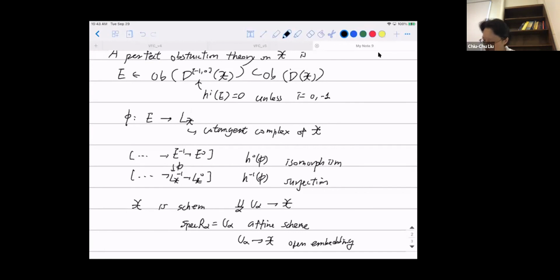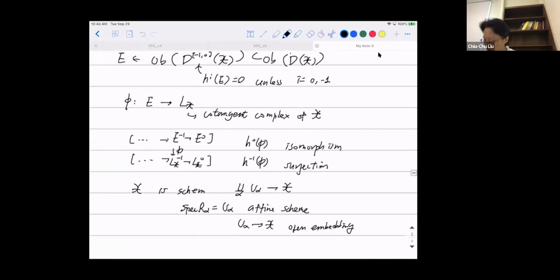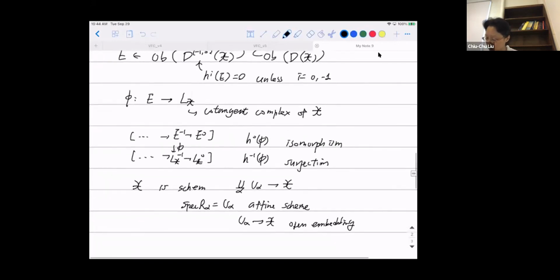So if we have a scheme and any object, we can restrict to an affine chart and understand it in terms of commutative algebra.